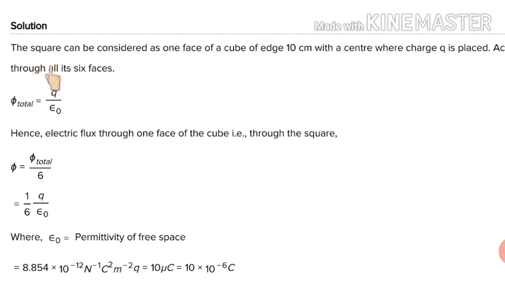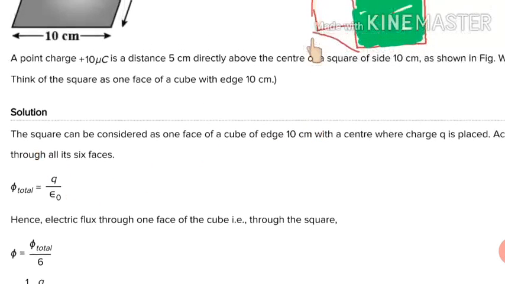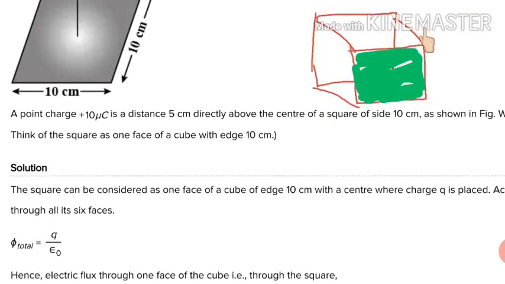This is the total flux through this cube, through all the 6 faces of this cube, because there are 6 faces. But if we want to calculate the flux through only one face, how can we calculate it? If we divide it by 6, it will give us the flux through only one face of this cube. And the flux through one face of the cube is the flux through this square. So the things are the same.